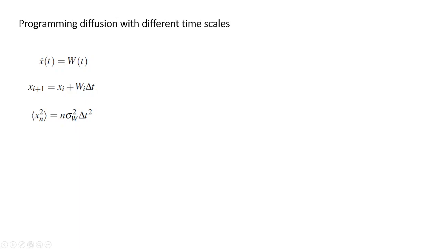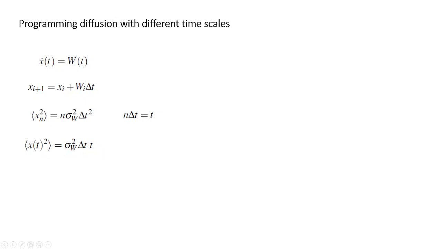In order to see the mean square displacement as a function of t, we can make the substitution n times delta t equals t, so that instead of a function of the number of time steps, we can see the mean square displacement of x as a function of time. Substituting this into our initial expression, we end up with the mean square displacement at time t being sigma squared w times delta t times t.